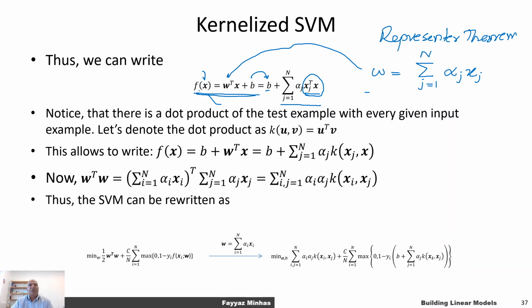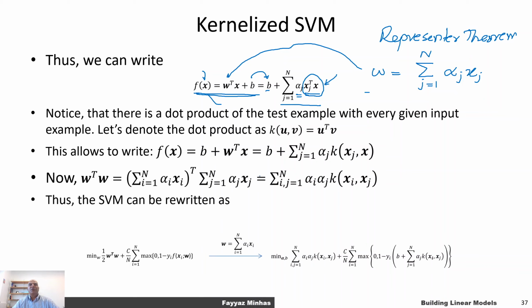This allows us to write the linear discriminant function of x in terms of these alphas, which we need to find out. But we now have a dot product here, and based on our discussion earlier, if we replace this dot product with a generalized dot product called a kernel function, then we'll be doing implicit transformations, which will allow us to solve non-linearly separable problems.